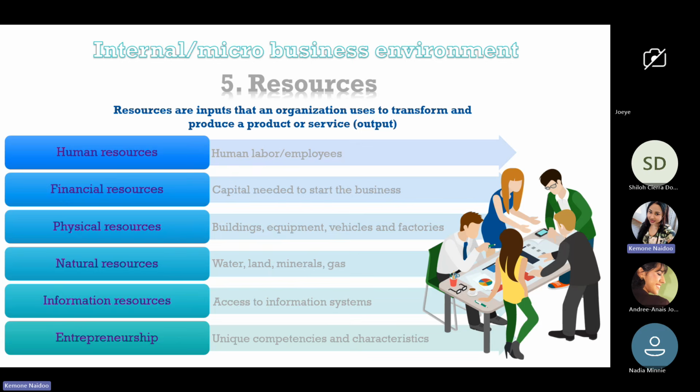Information resources, okay, so access to information systems. The information resources is the market research that we've collected that's going to help us make better decisions and also to make our processes more efficient and more effective. So for example, if you are manufacturing a product, when you do market research, you find out what the market actually wants.